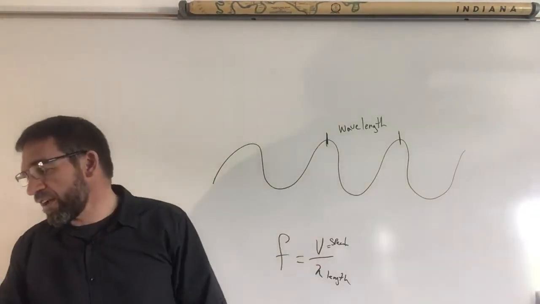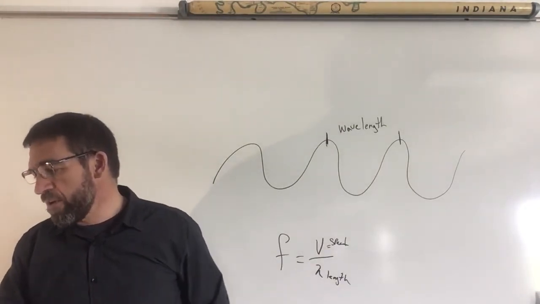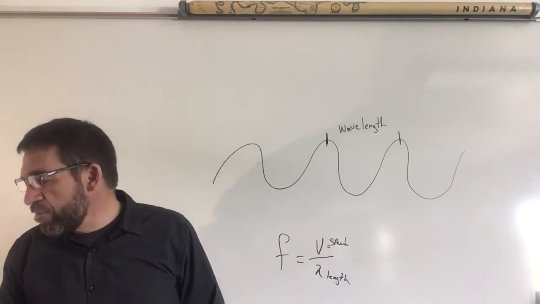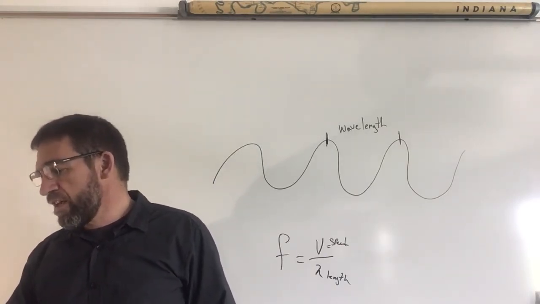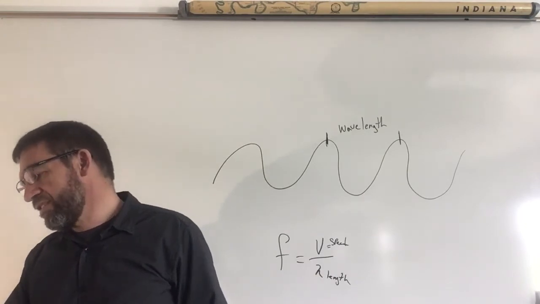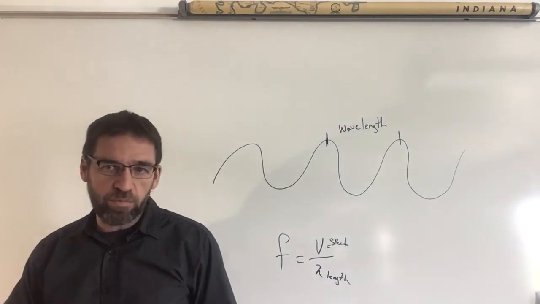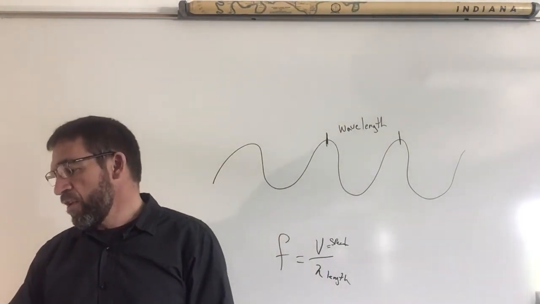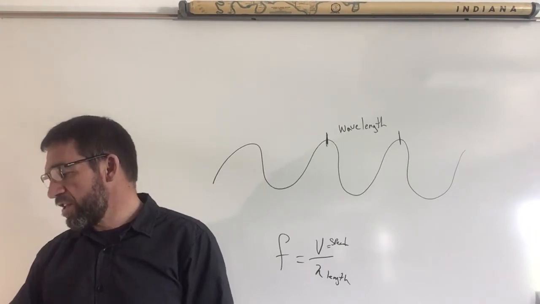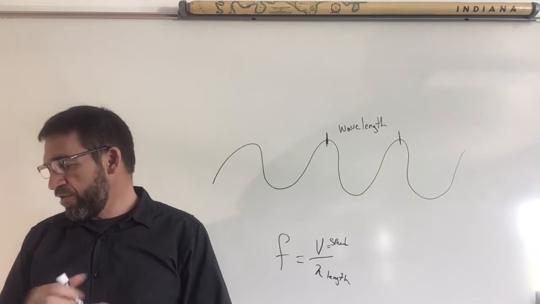Remember, even though we use the symbol v for equation 14.1, it means speed. Since we are given the speed and the wavelength, and since the units are consistent, both distance units are meters, we don't have to worry about switching from one to the other. We can just plug numbers into the equation and get the answer.